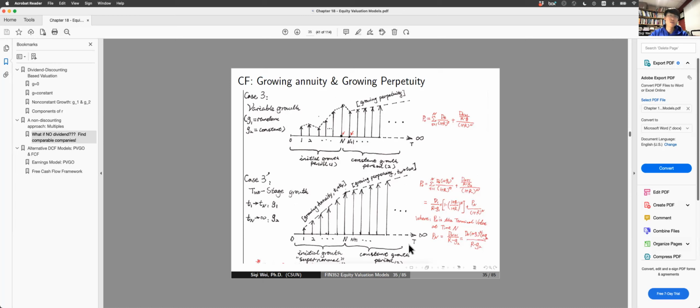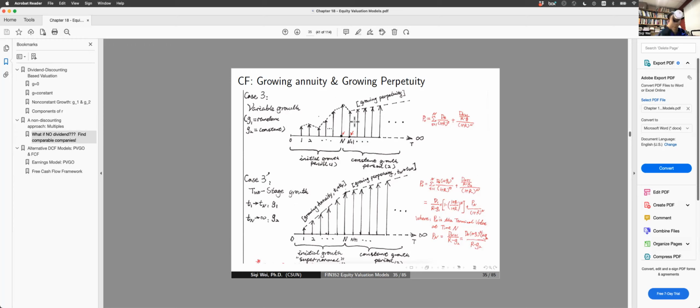On case 3, basically it tells you we have 2 stages. Think about this: on the early stage, for whatever company, when it is still at the baby stage, the cash flow pattern may not be very stable. It's kind of volatile and variable. So you can see it's changing over time in the initial growth period.